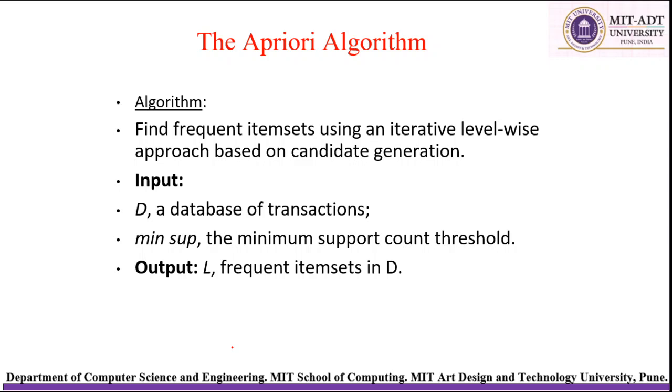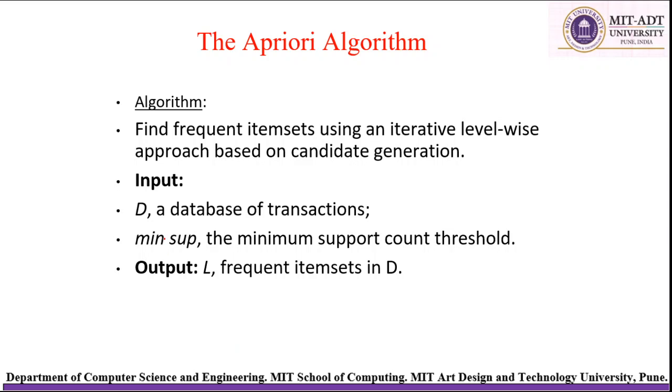So the algorithm may be asked. The algorithm finds the frequent item sets using an iterative level-wise approach, which is based upon candidate generation. So what is the input to this algorithm? It is D, the database of transactions. Now what other inputs are given to this Apriori algorithm?